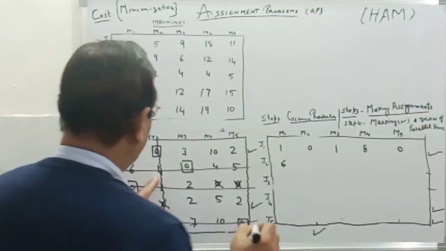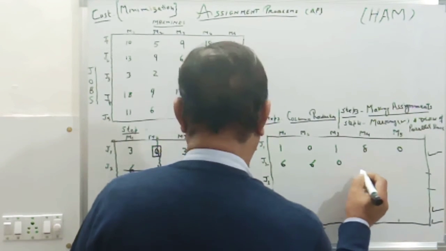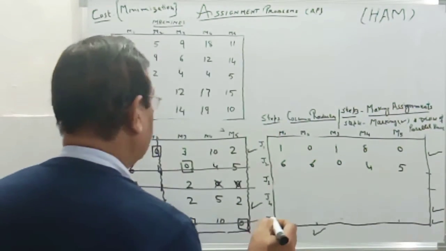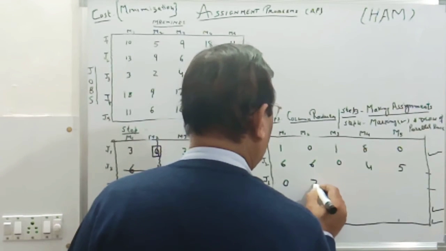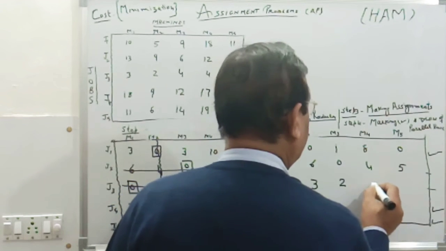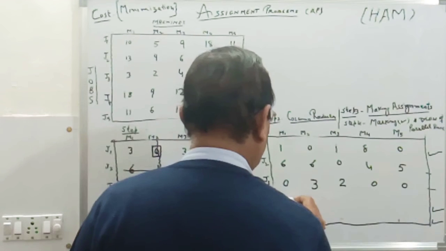This 4 is at an intersection, add 2, 6. 0, 4, 5. Again 0, simply covered. 1 plus 2, 3, 2. 0, 0. Again 7 minus 2, 5.